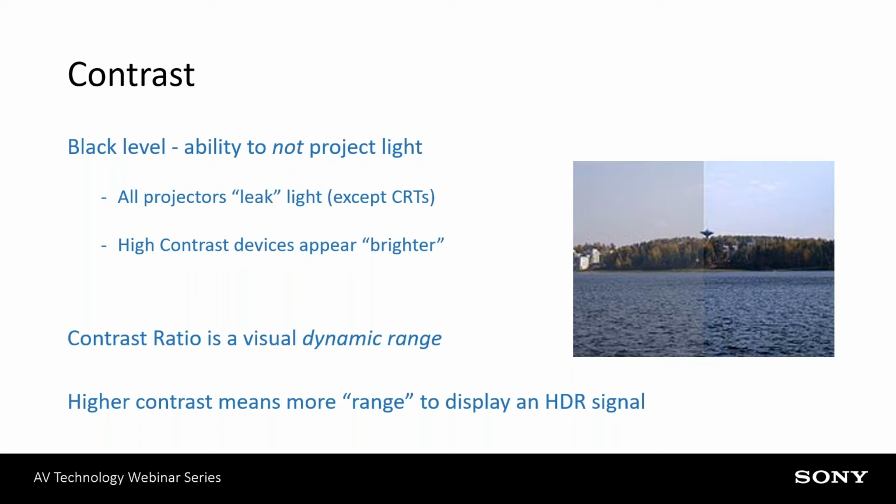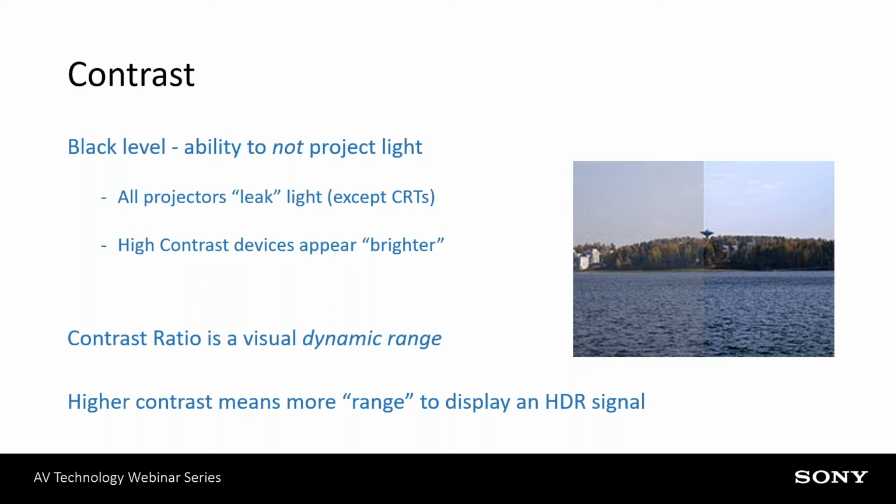An interesting thing about contrast is a high contrast projector will appear brighter. The human eye is very sensitive to that dynamic range, and it gives the projector what a lot of people refer to as pop. It is much more visually pleasing to see a high contrast image. Contrast ratio, another way to think of it, is dynamic range.